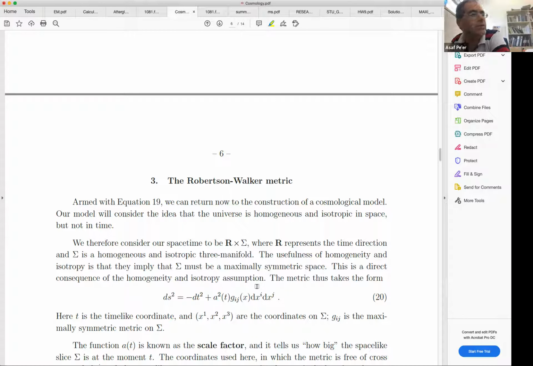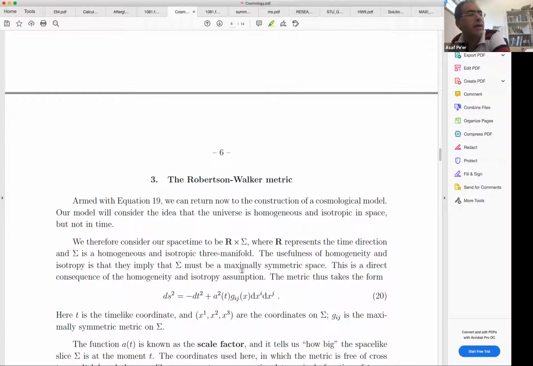Okay, so this is the most general metric that describes the universe where I make a separation. Right now, I didn't yet say anything about the universe being homogeneous and isotropic, but I just make a separation between the temporal coordinate or the time-like coordinate and the space-like coordinates.